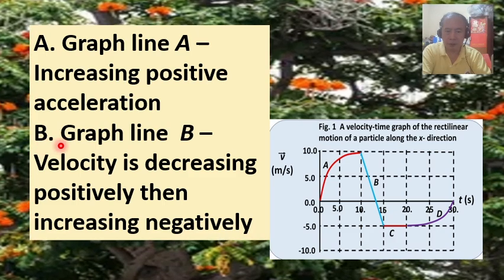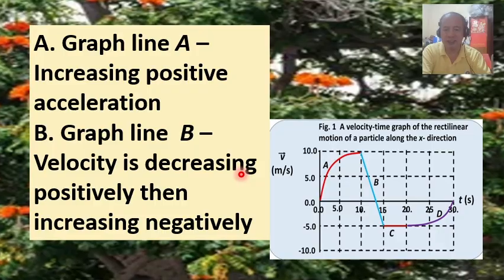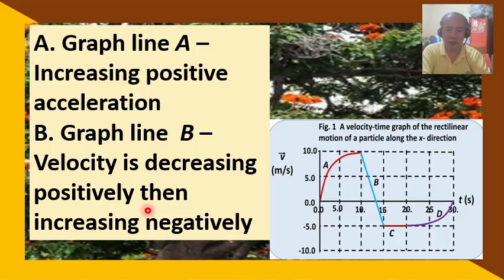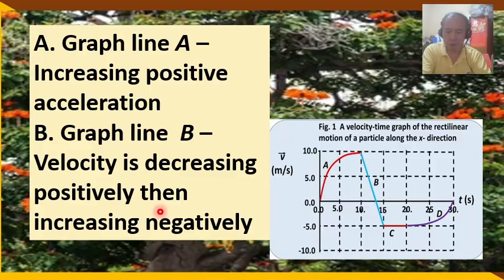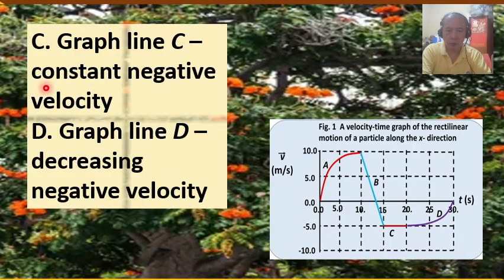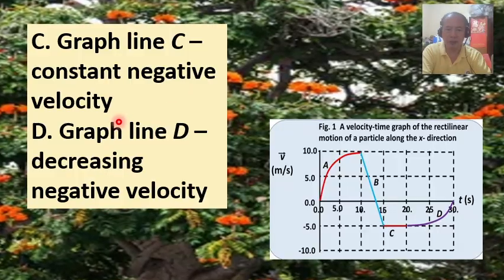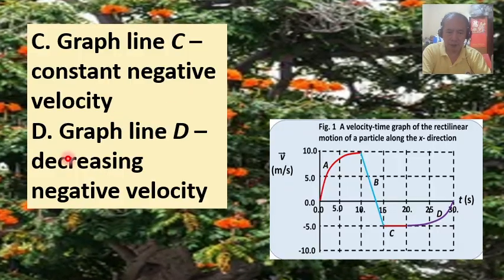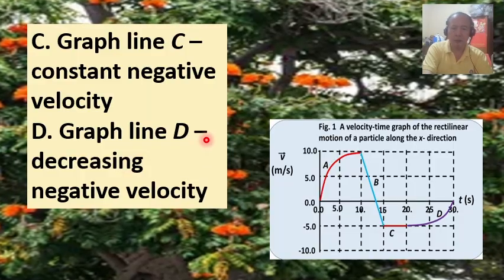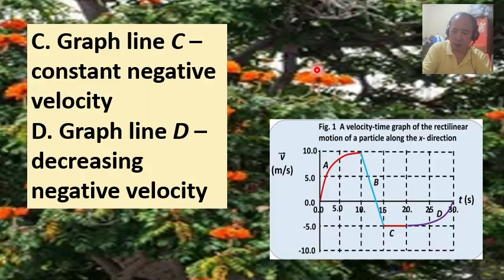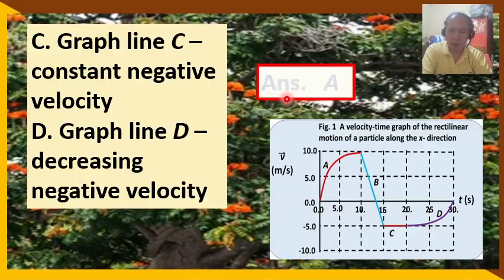Option B, graph line B, velocity is decreasing positively, then increasing negatively. Option C, graph line C, constant negative velocity. And option D, graph line D, decreasing negative velocity. And the correct answer is option A.